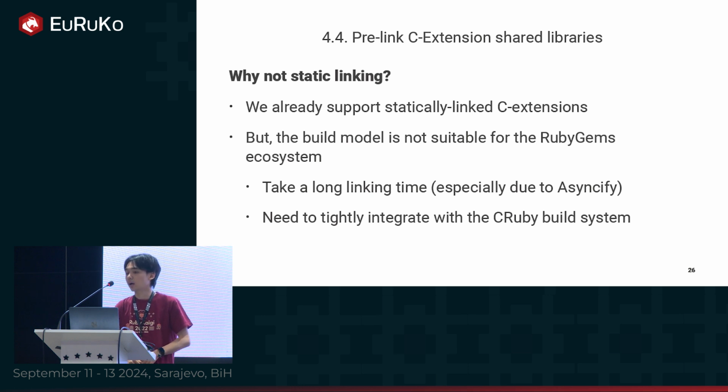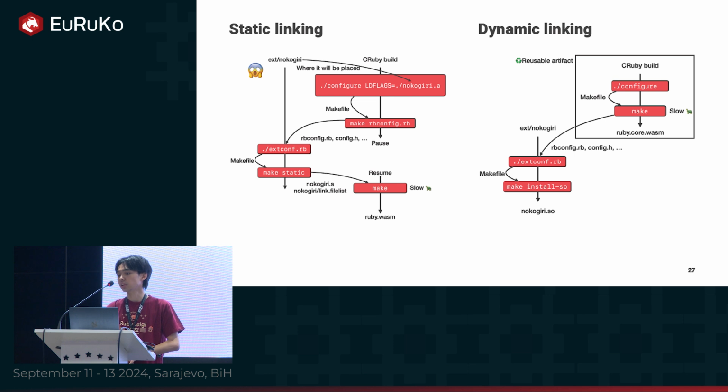Usually on platforms we use dynamic linking, however, supporting dynamic linking in WebAssembly is not obvious. We already support static linking for the built-in extensions like JSON, but we decided to go with dynamic linking to support Ruby gems.